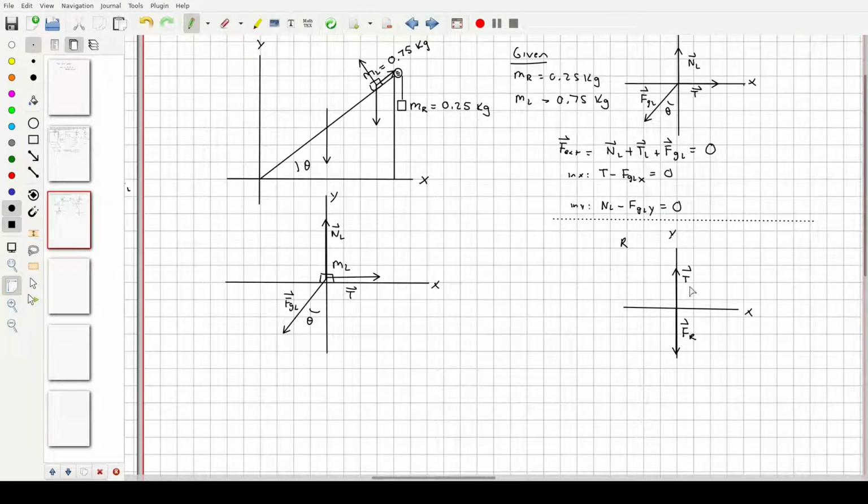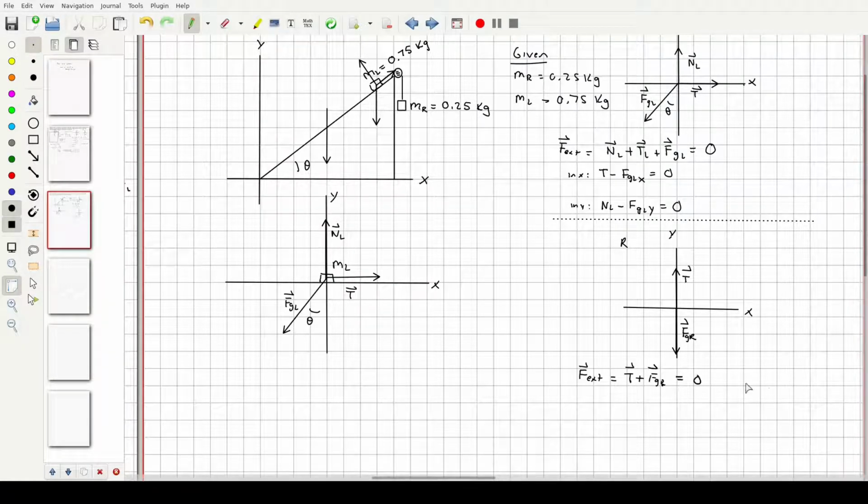Now, for the right object, when you add up the forces, you have 2. You have a tension that goes up, and you have the weight due to the right one that goes down.